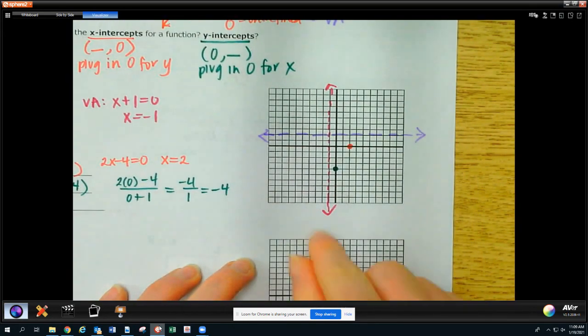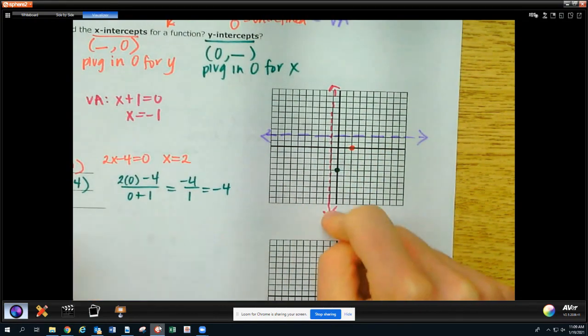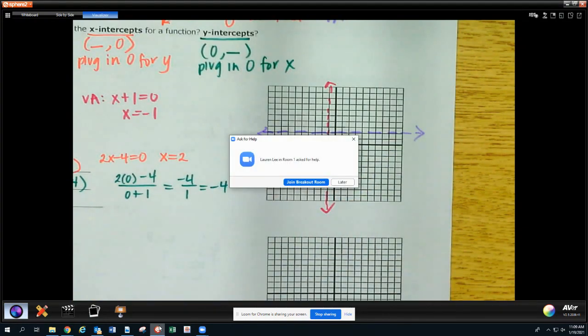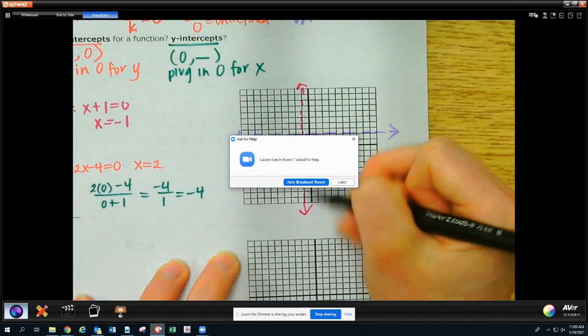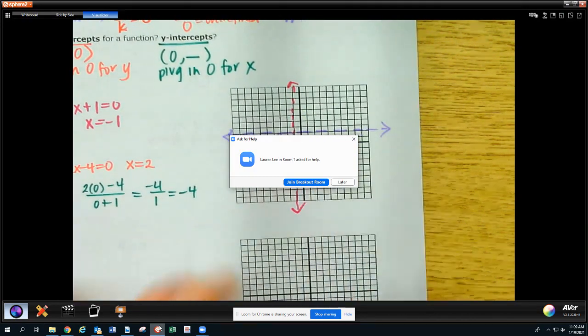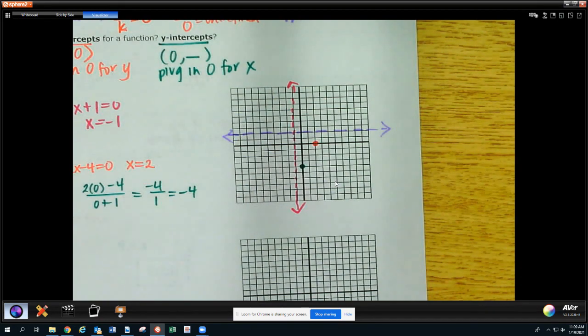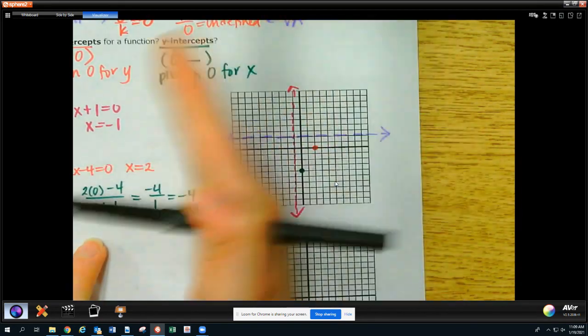And so we have enough information to graph part of our function. Your vertical asymptote divides your graph into the different branches.